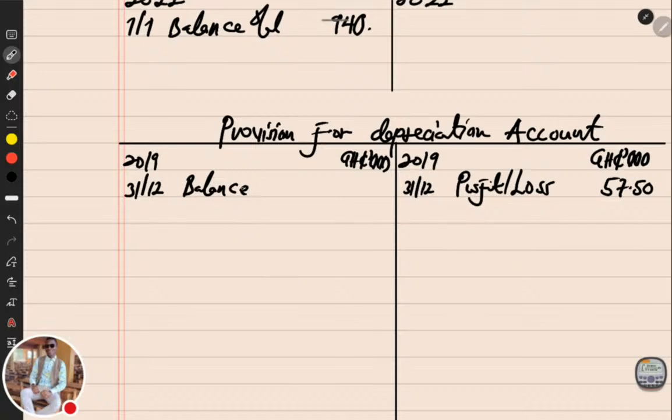Balance carry down as what? 57.50. So we close the account generally there. So I can say that I have the total figure of 57.50.